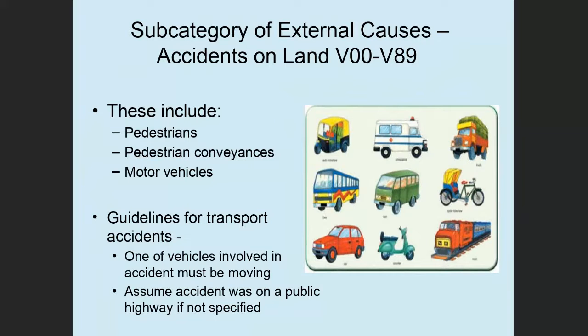If the vehicles are not in motion, use another code. For example, if a patient was injured while a tractor was being repaired, use code W30.81, not a code for transport accident, because the tractor was not in motion. And also assume that the accident was on a public highway if it's not specified.